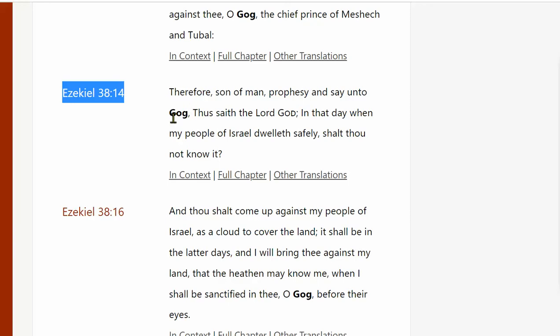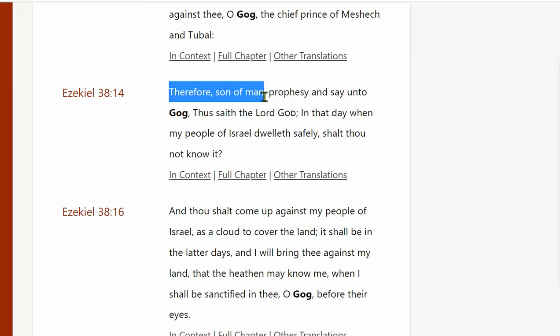But Gog looks to be also a chief prince, but later, he could be a descendant from Gomer, or the son of Gomer, after maybe several years, because we are talking 70 AD, away from when Japhet had his sons. So the verse reads again, therefore, son of man, which is Ezekiel, son of man, prophesy and say unto Gog.